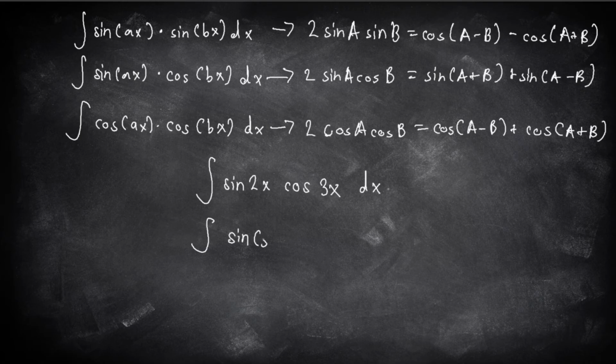So sine of 5x plus sine of A minus B, 2x minus 3x, which is sine of negative x. And then we have our 2 in front. Remember, this is only singular, but this is double, so we have to divide by 2. So just move a 1/2 outside.